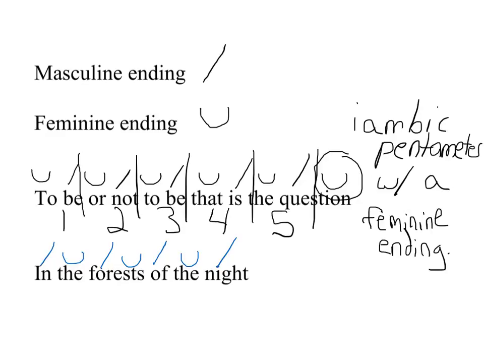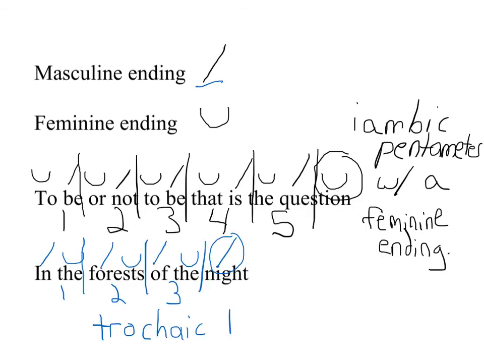We just fill in the blanks. We cut. And the same issue occurs here, only this time it's stressed, which means it's masculine. So in this instance, we have trochaic trimeter with a masculine ending.